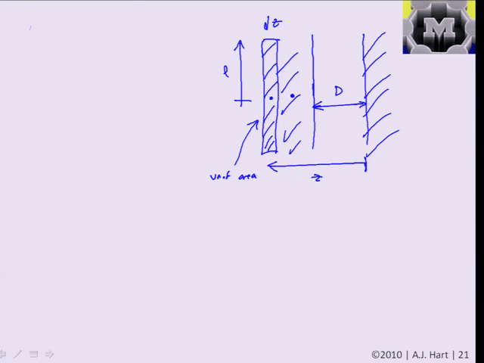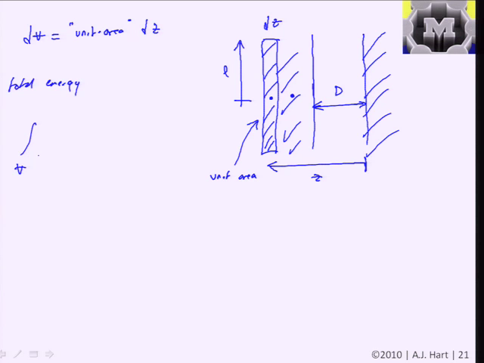So then our dV is just going to be this unit area multiplied by dz, and therefore the total energy would be the integral over the volume of the unit area times our number density rho times dz, multiplied by what I'm going to call our particle surface interaction, which is basically the result from the previous slide.